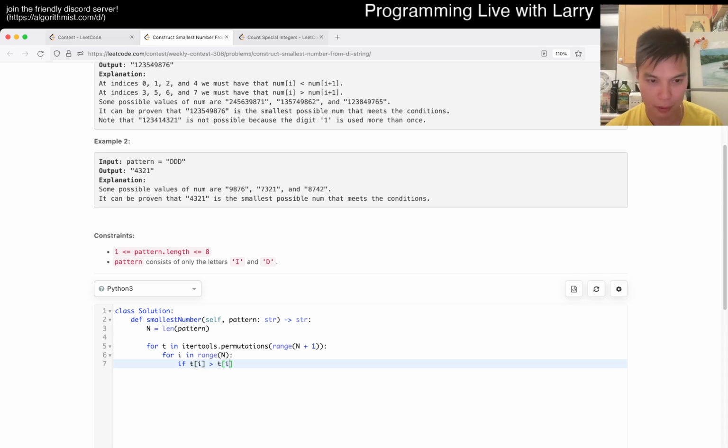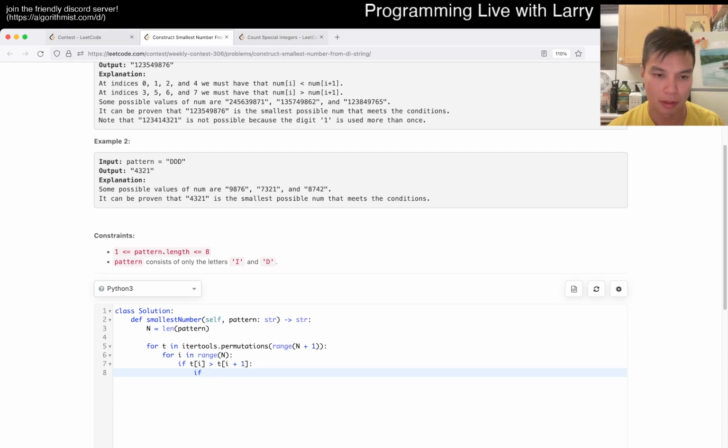Greater than 2 sub i plus 1. If padding of i is equal to decrease, then we're bad. If I guess here we can do else. Oh no, this is good. Oops.